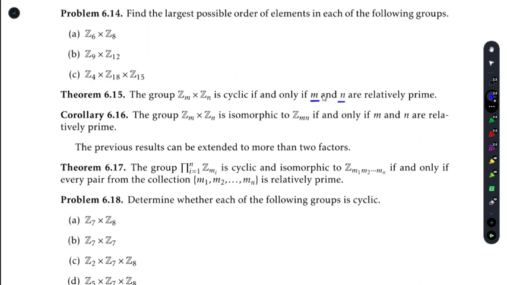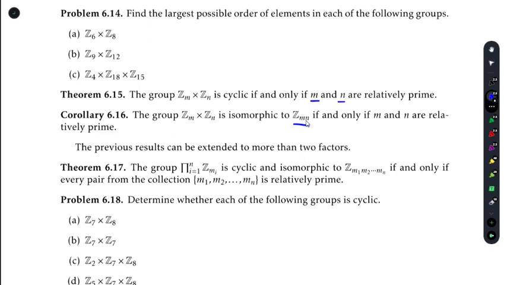And that has to do with when numbers are relatively prime, then their least common multiple is just multiplying them. So the reason that theorem 6.15 comes about is because of what's talked about in corollary 6.16. The thing that it's isomorphic to is going to be exactly Zmn. So the group Zm cross Zn is isomorphic to Zmn if and only if m and n are relatively prime. But again, you don't need to write that down.